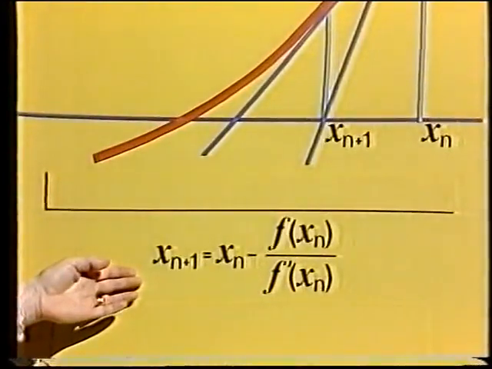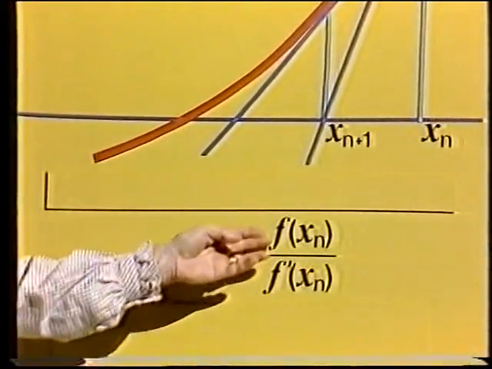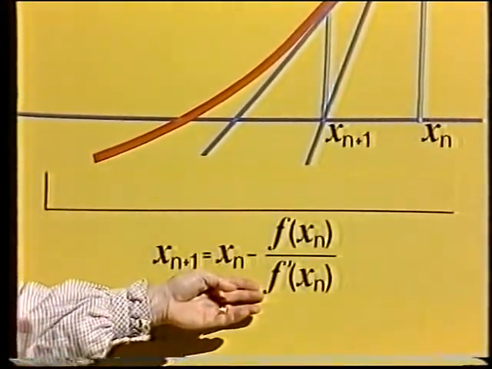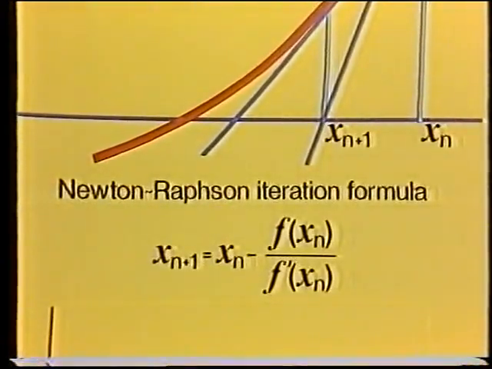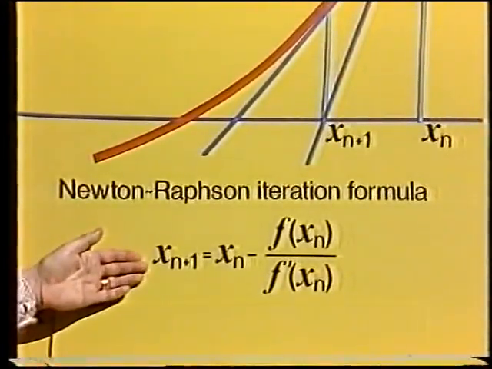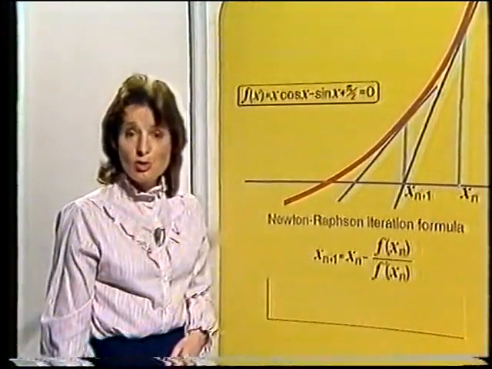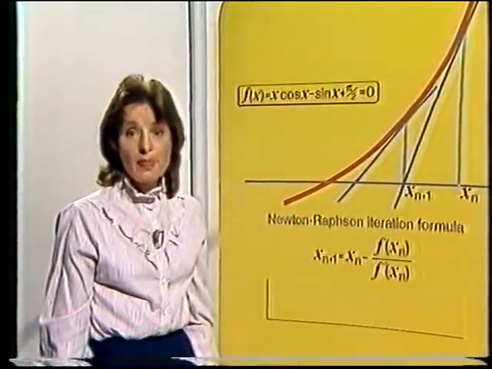This iteration formula, xn plus 1 equals xn minus f of xn over f dashed of xn, works for any function, and it's called the Newton-Raphson iteration formula, after Messrs Newton and Raphson. It is an iteration formula because xn plus 1 is some function of xn. And as you saw in the goat problem, it comes from a rearrangement.